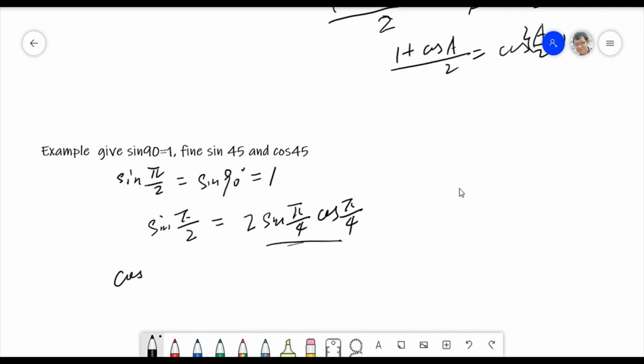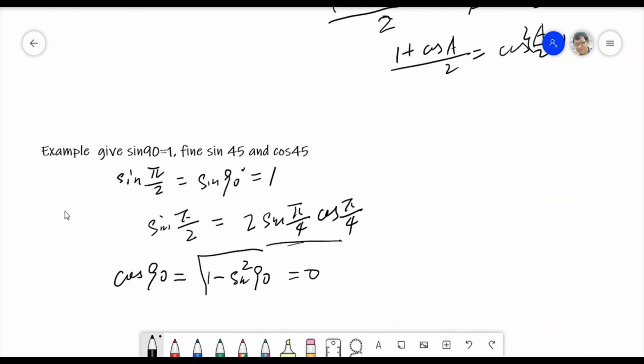Cosine 90 is equal to the square root of 1 minus sine squared 90, right? So this is 1, 1 minus 1 is 0. So cosine 90 is 0.